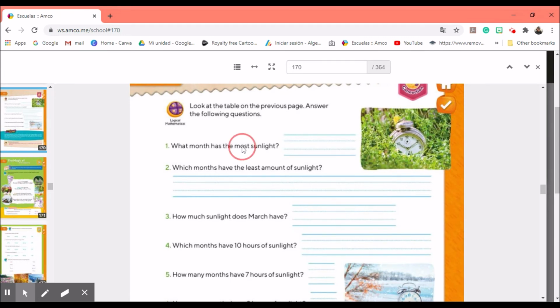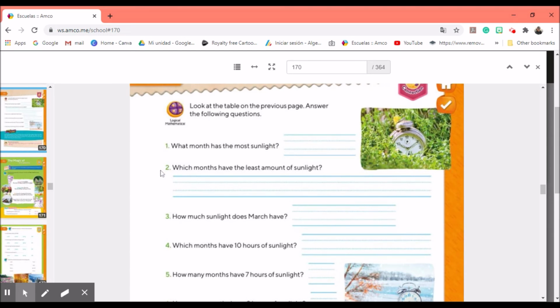Remember that most means more. So, Kika, is it June with 14 hours or December with 9 hours? Make sure you write the correct answer on the provided space.